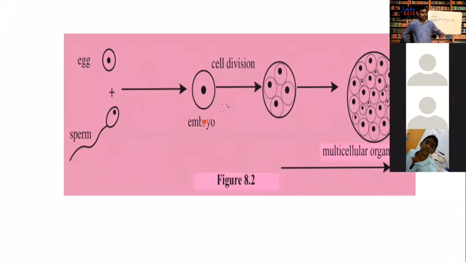Then from that zygote cell, multicellular organisms are formed. Now, I think on your tute also, the origin of a multicellular organism is from a single cell.